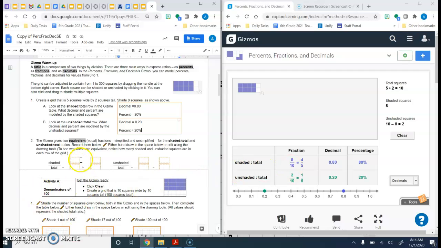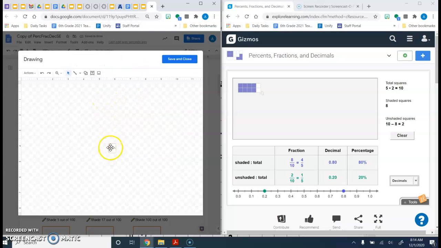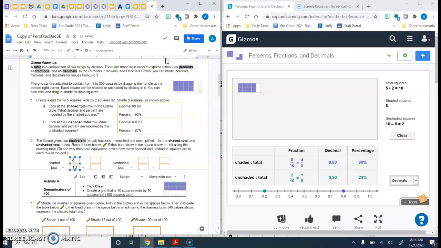Okay, so for the shaded, just so you can see how we fill this in, we have 8/10. And what you would do here is it will pull this up and you'll click on the top, you'll put 8, and then you click on the bottom, you put 10, and then you just click save and close. And so there you go.